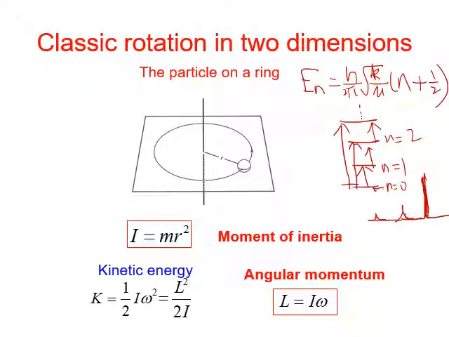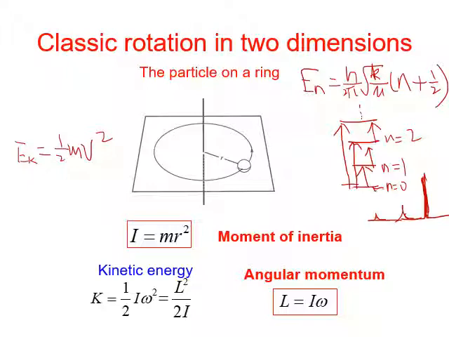Now, in this section, we are going to talk about rotation of molecules. First, we go over classical mechanics. In classical mechanics, the equations of rotation resemble those in linear motion. For example, in linear motion, kinetic energy is half m v squared.